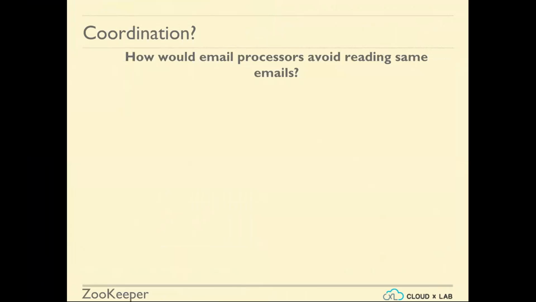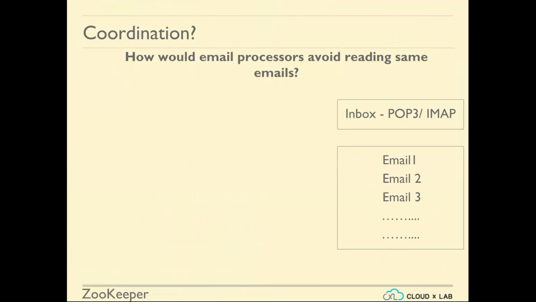Now the question is about coordination. Let me ask you a very simple problem. How would email processors avoid reading the same emails? Imagine that there is an inbox, an email inbox. It contains lots of emails, and these emails are coming in continuously.